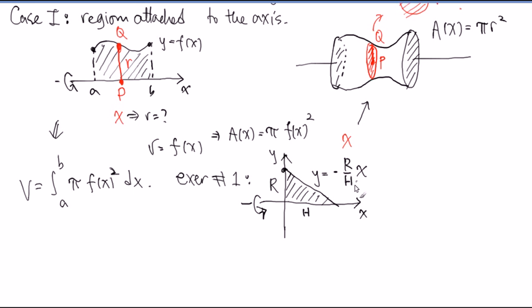Times x plus y-intercept, right? Slope times x plus y-intercept. What is the y-intercept here? I think it's R, right? Y-intercept R. So the formula of that straight line: the slope is negative R over H, rise over run, times x plus y-intercept R. So we have the formula.